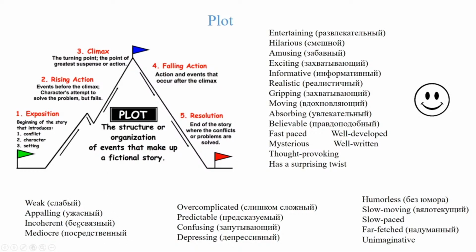Or if it is incoherent, so no logic, when actions jump from one point to another. Or if it is slow-moving or slow-paced, you lose your interest in watching the film or reading the book, it's like a tablet for you to sleep well. If it is slow-paced and unimaginative, it also doesn't attract people.